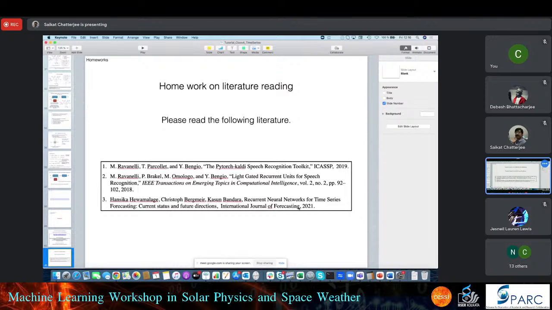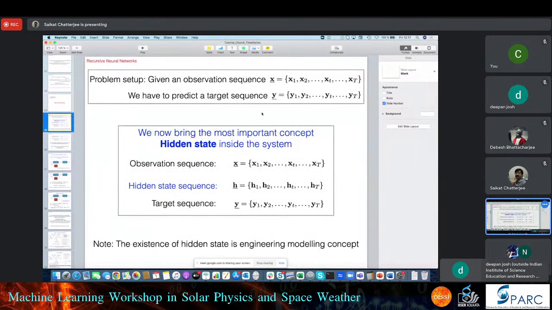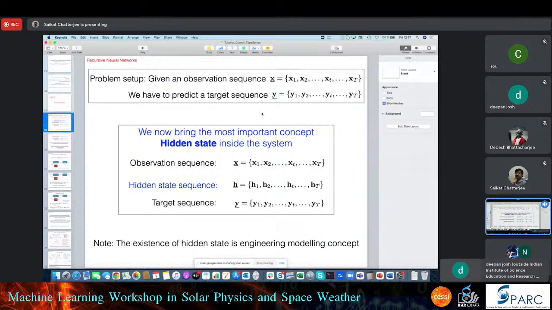Maybe I missed this point. At some point of time, we brought up the issue that the length of HT and YT need not necessarily be the same length. Here, what I told you is that the original signal which you are seeing, for example a speech signal, a time series, that length can be different.